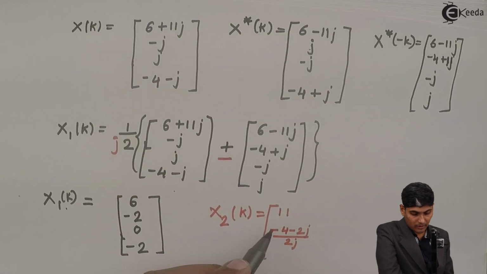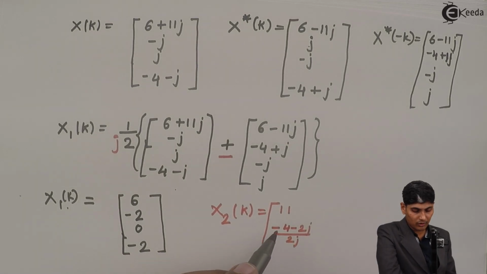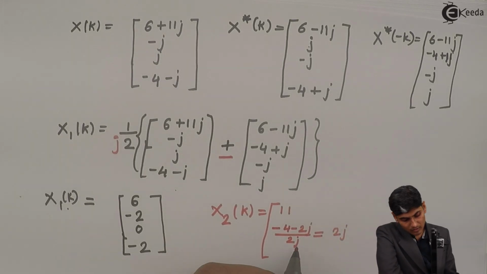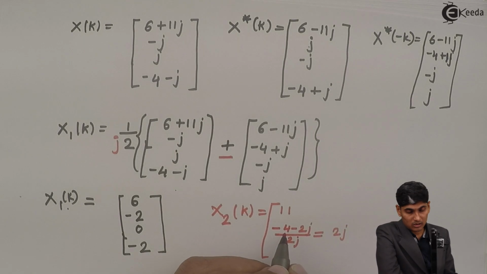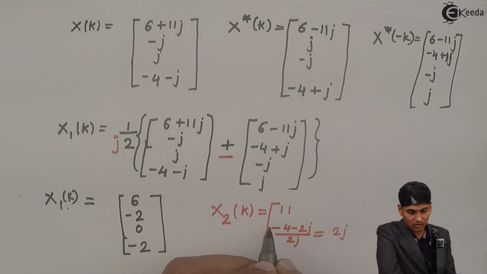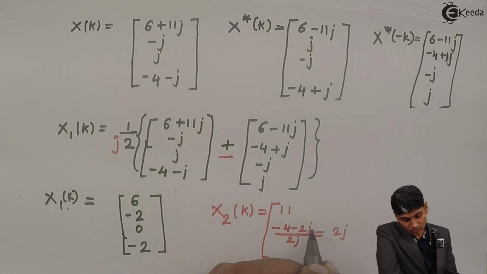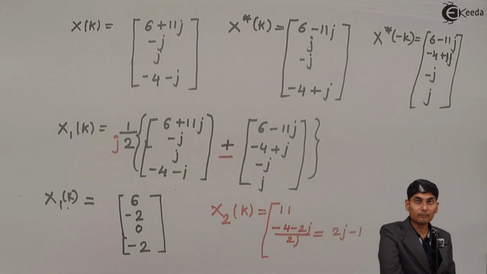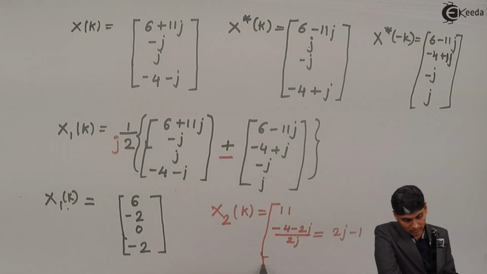You can write this by splitting the 2j in the denominator as minus 2 over 2j. The j, once it goes up, becomes minus j, and minus 2 over 2 converts to minus 1. So that can be solved as well.